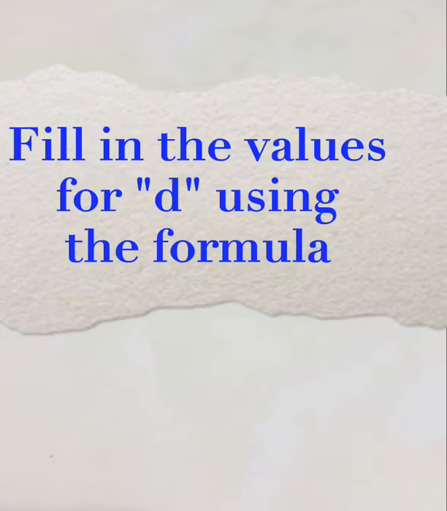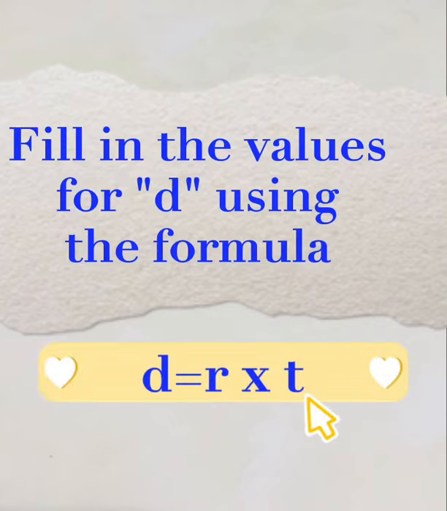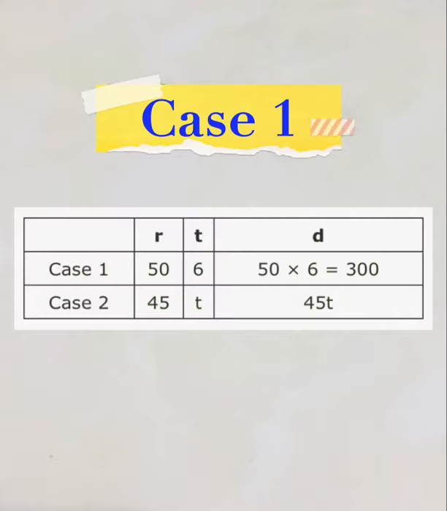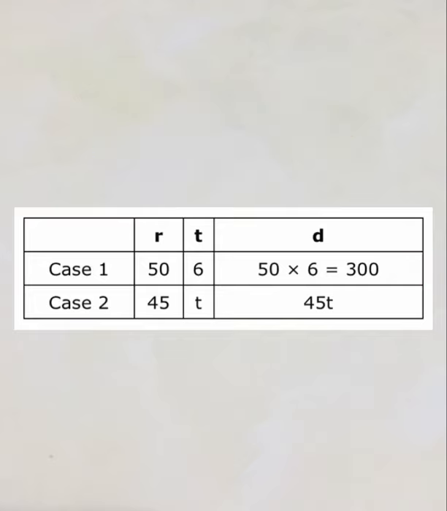After putting the numbers into the table, let's proceed to step 3. In step 3, fill in the values for d using the formula d is equal to r times t. In case 1, we have r is equal to 50, t is equal to 6. To find d, we use the formula d is equal to rt, so we will multiply 50 by 6. 50 times 6 is equal to 300.